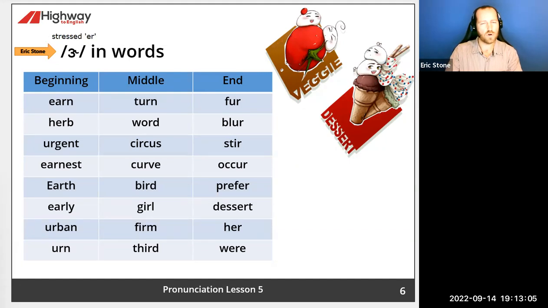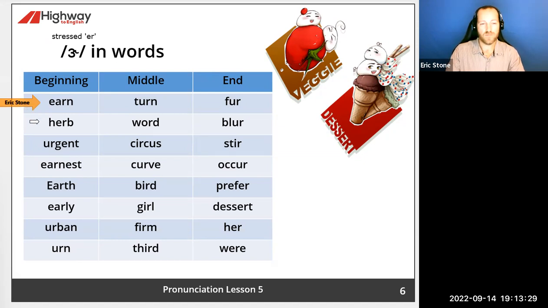We're going to put more volume, more vibration on the sound. Okay. So we have three positions: the beginning, middle, and the end. So just repeat after me. Ready? Here we go. Remember, this is stressed, so you need to have some force in the sound, okay? Here we go. So repeat after me.